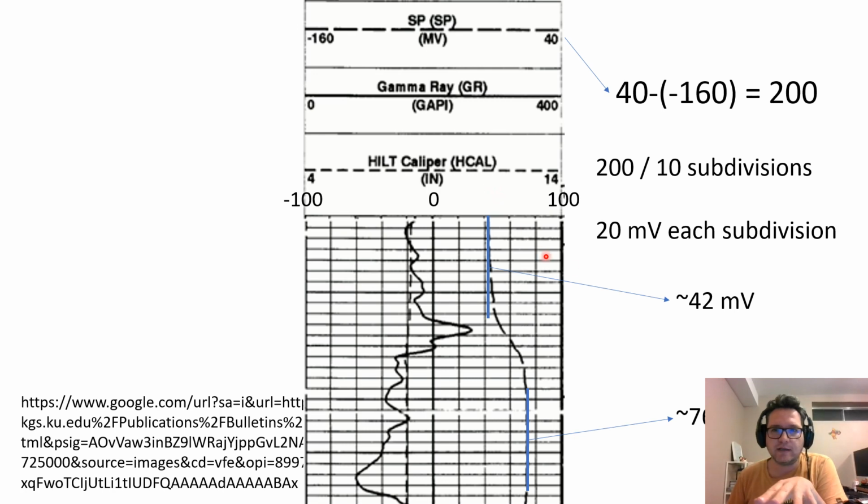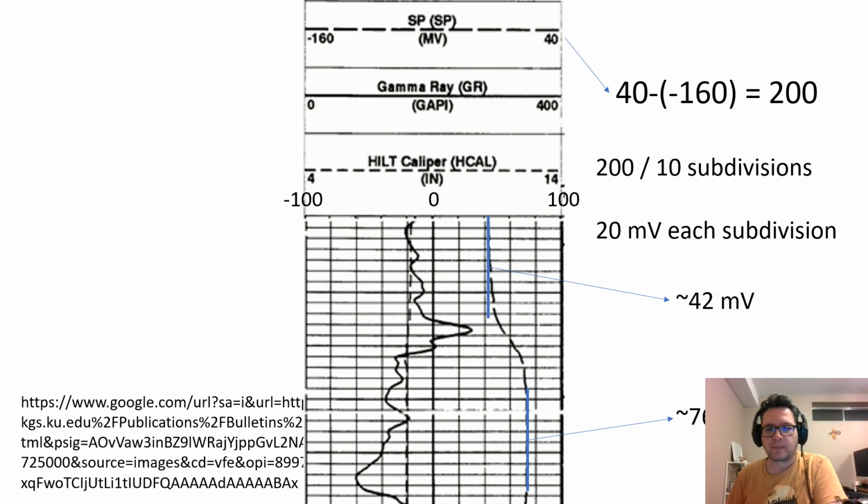So in this case, this lower reading would be approximately 42 millivolts, and the higher reading here would be 76 millivolts.